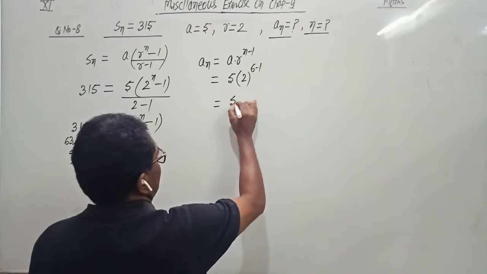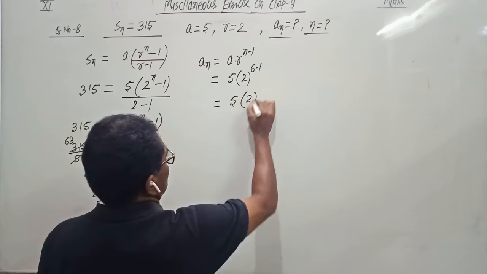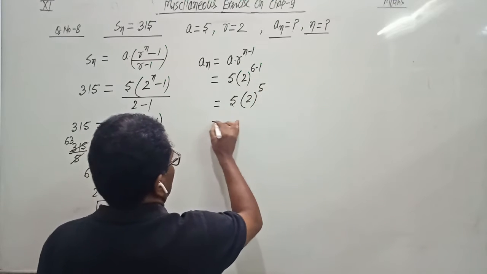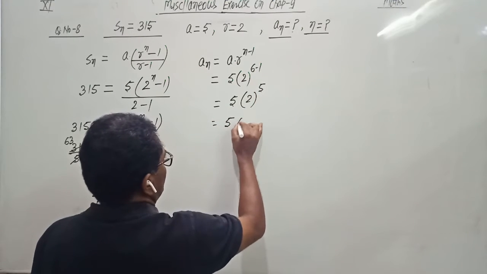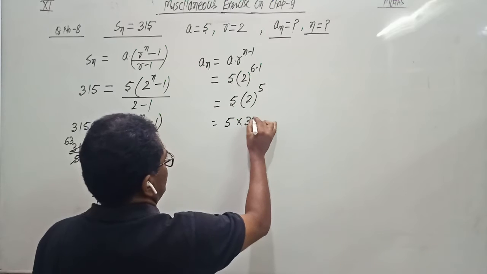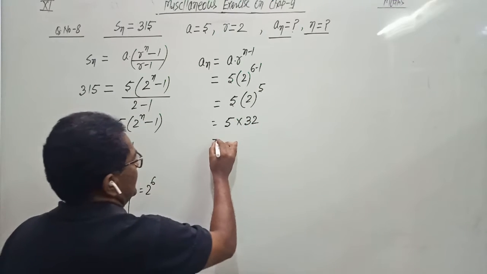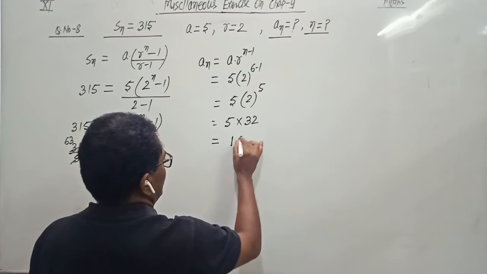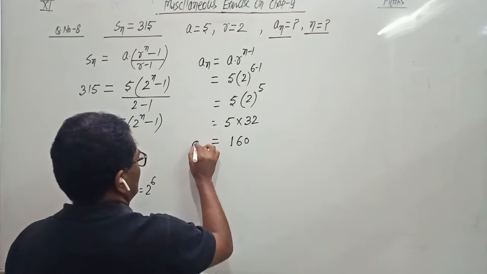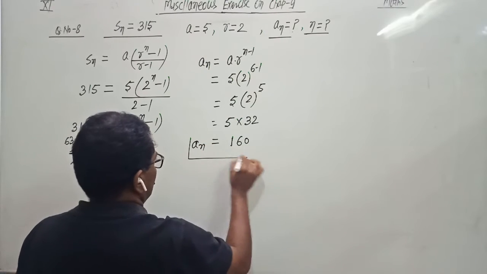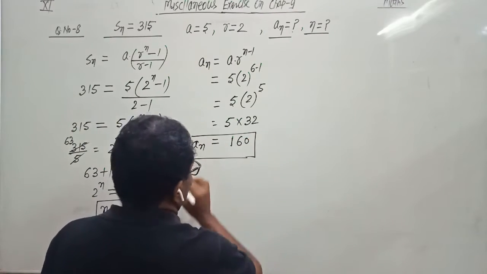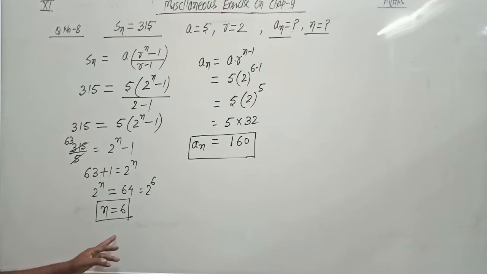So 5 into 2 raised to the power 5. 2 raised to the power 5 equals 32. 32 into 5, 160. So the last term, an, equals 160 and the number of terms, n, equals 6.